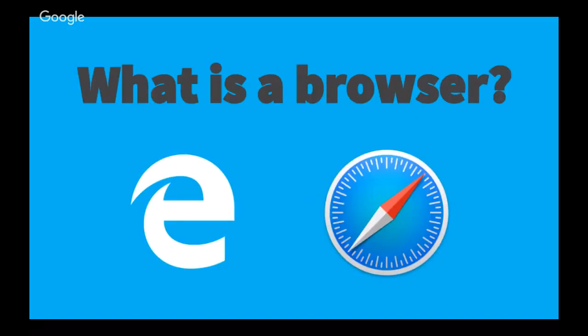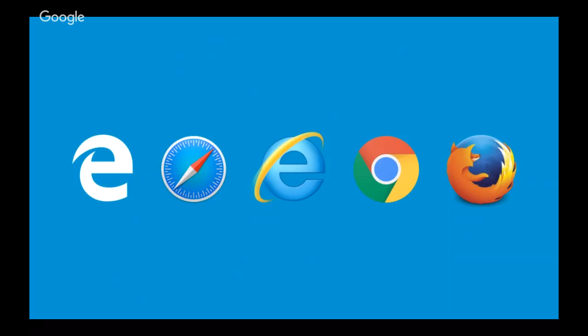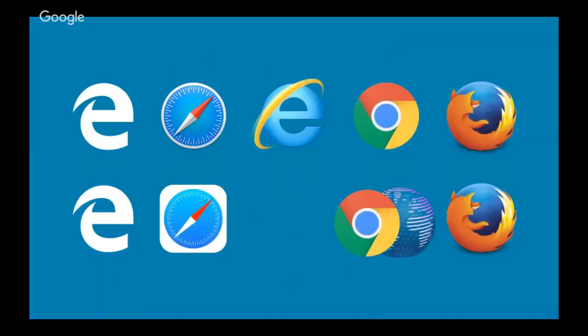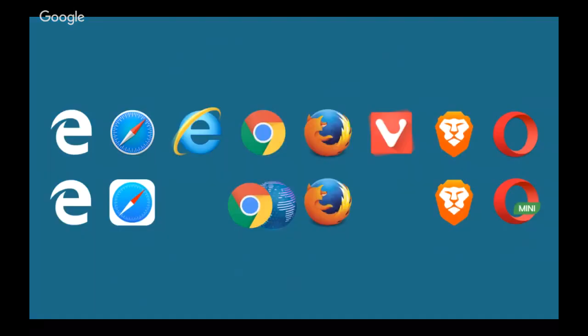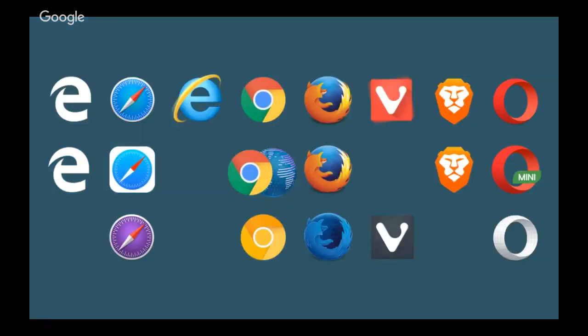So what is a browser? If your entry point is a desktop, chances are it'll be either Edge or Safari. But then there's also the other popular browsers out there and their mobile counterparts. Mobile is already a very common entry point for the web. Sometimes it's the only option if you're economically disadvantaged. And then there's the newcomers and the slightly less popular, yet still totally legitimate browsers, sorry Opera, and their developer editions.